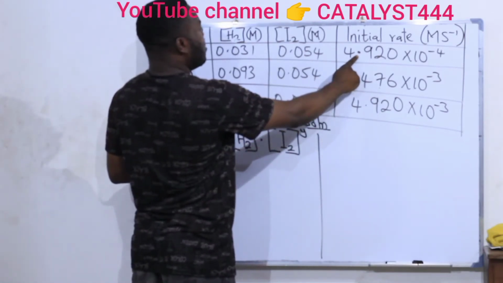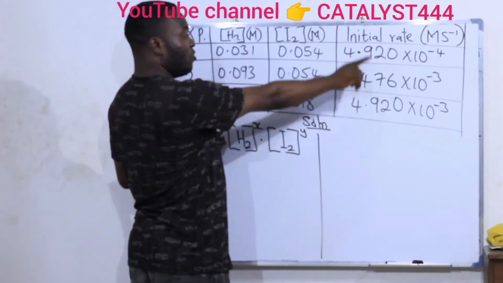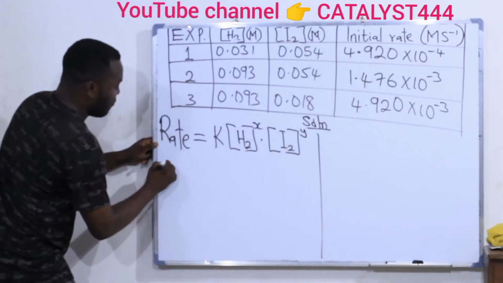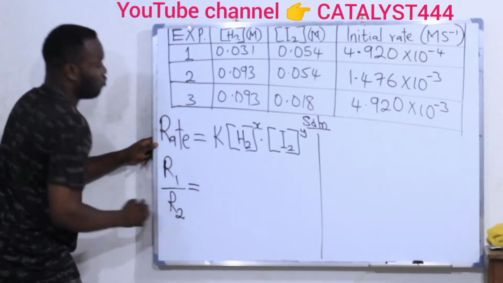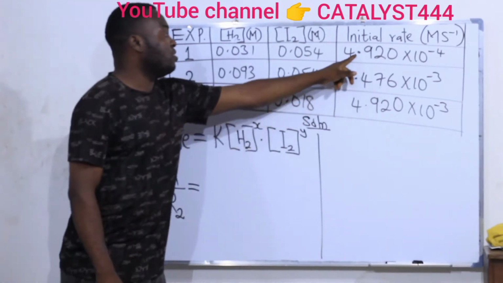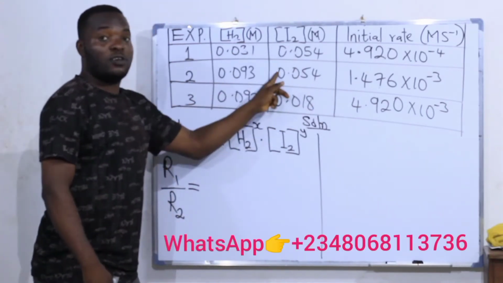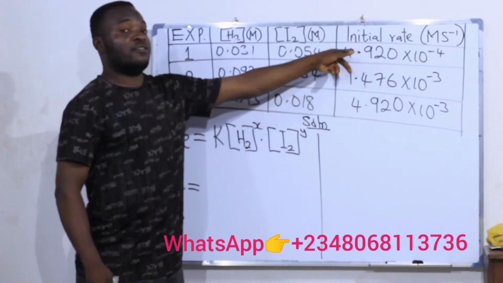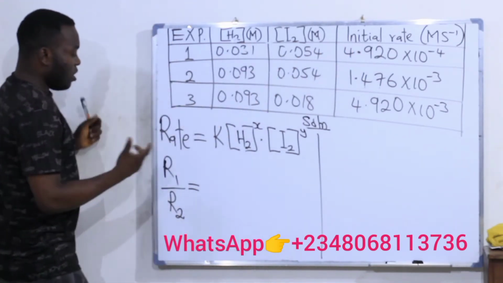Now, R1 divided by R2, the initial rate of the first over the second, is equal to concentrations 1 over concentrations 2.